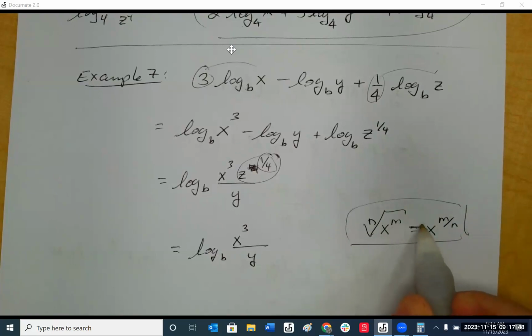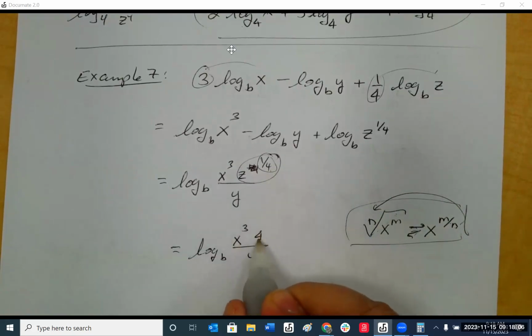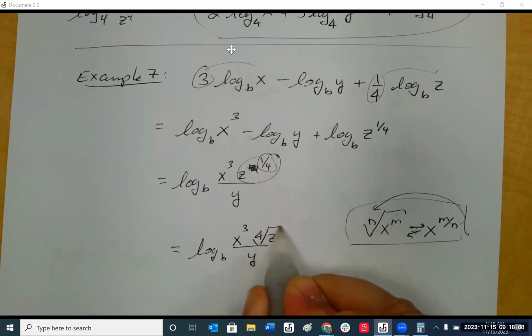When it has an equal sign, you should be able to go both directions. If I give you a radical, you can put in exponents. If I give you an exponent, you put it back in radicals. If it's a fraction, it's a radical. Whatever's on the bottom is the root. So it's the 4th root of z to the first power.